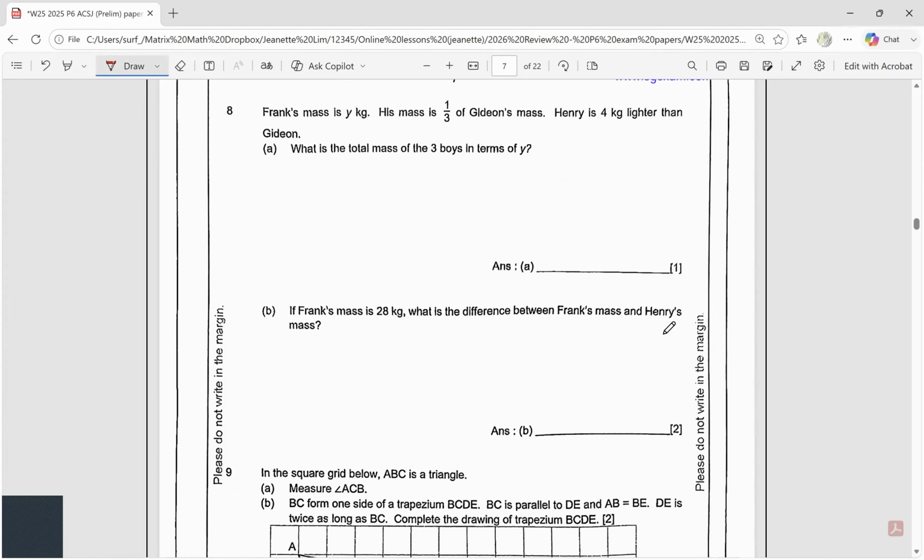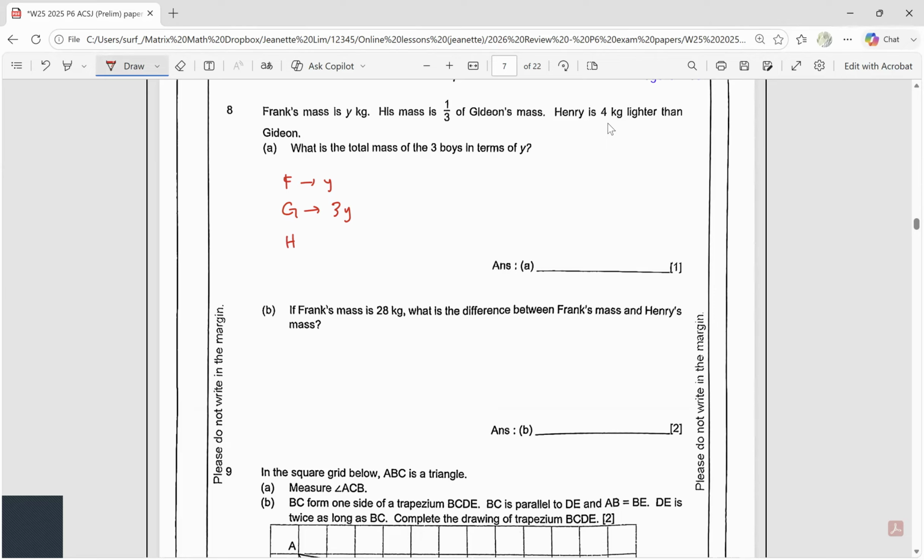Okay, question 8. Frank's mass is Y kg. His mass is 1/3 of Gideon's mass. Henry is 4 kg lighter than Gideon. What is the total mass of the three boys in terms of Y? Okay, so Frank is Y. Frank is 1/3 of Gideon, so Gideon is 3 times, that's 3Y.